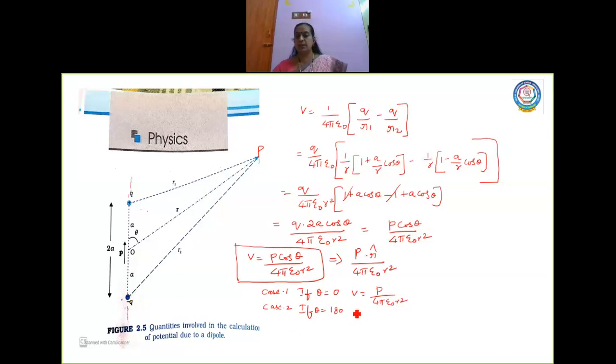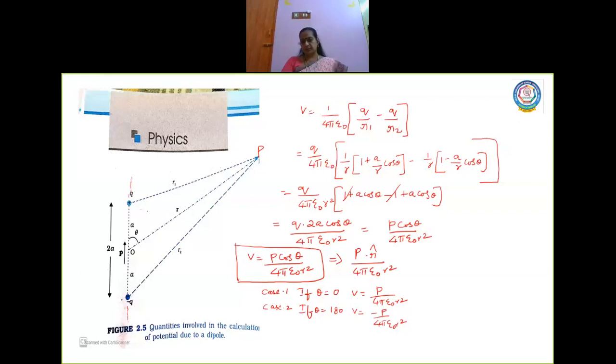If it is 180 degree, what is V? Cos 180 is minus 1. So V will be minus P by 4 pi epsilon naught R square, correct? Yes. So when the point P is along the axis of the dipole, the value of potential is plus or minus P by 4 pi epsilon naught R square.